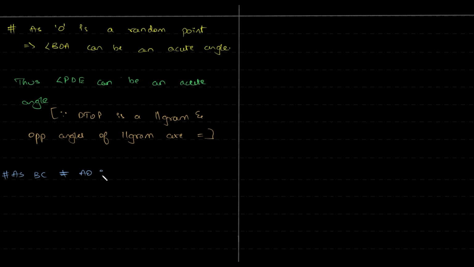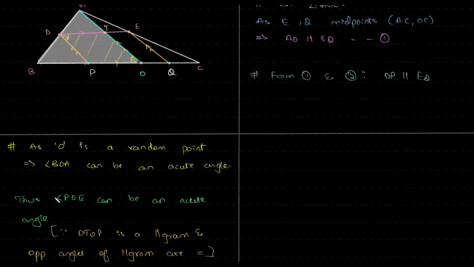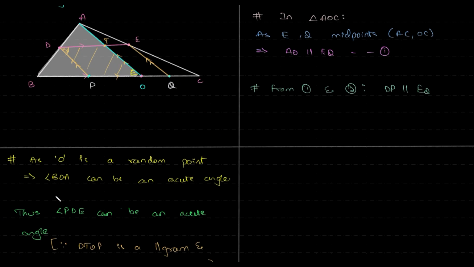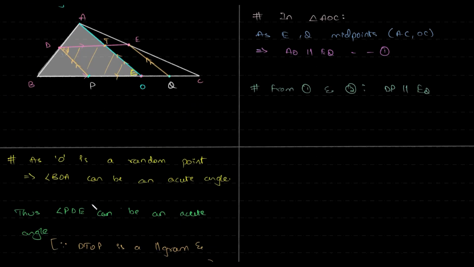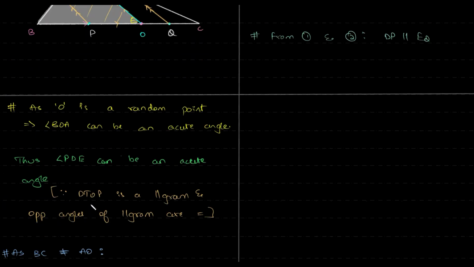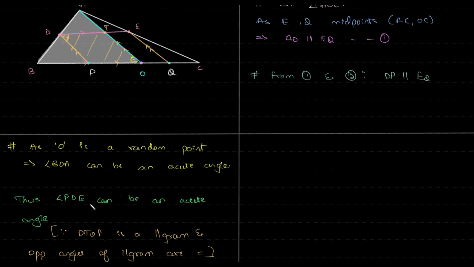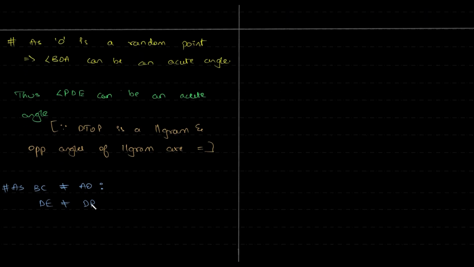So what can we tell? We can tell that BC is not equal to AO, and we can tell that DE is not equal to DP. Okay?